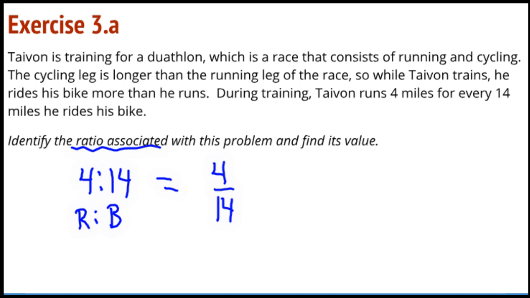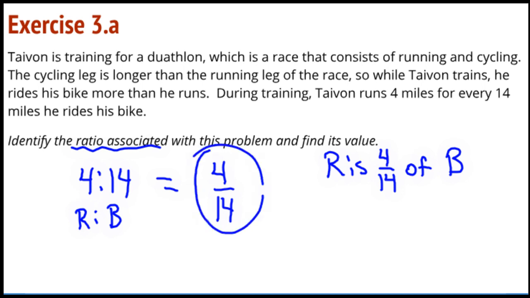And if you need to, flip back in lesson 7 and see how we're writing those statements. So running is 4/14 of the bicycling. And now we need to find the value. We've got this in a value form, but it's not the value. We haven't got it written with the largest possible units.